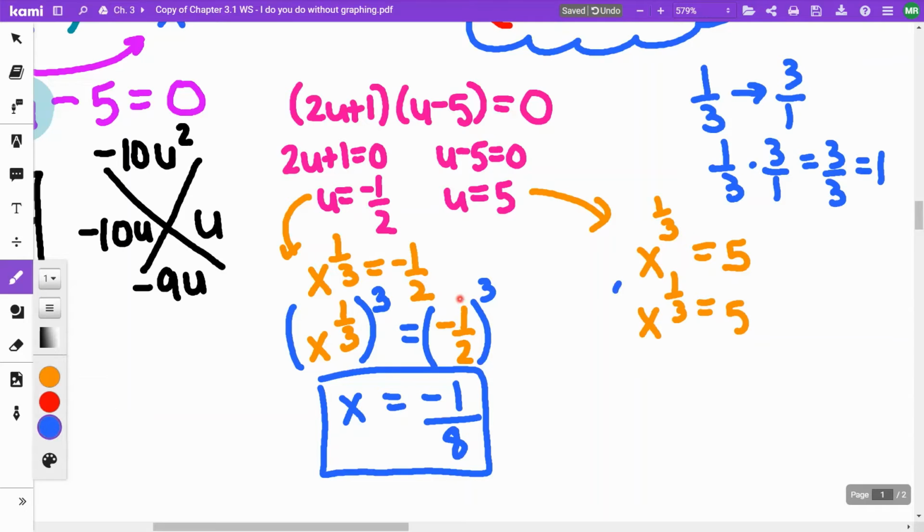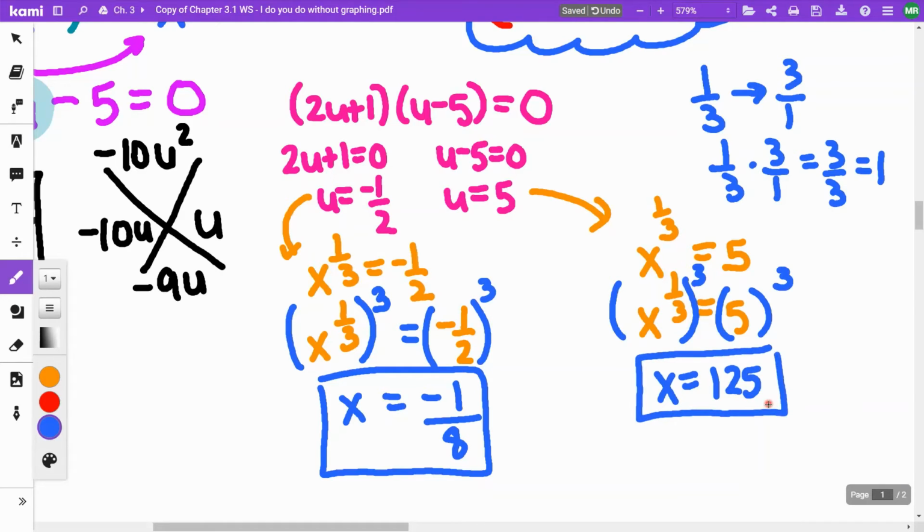I'm going to raise this side to the power 3, and I'm going to raise this side to the power 3. Power to power, I multiply. Again, the whole reason I took 1/3 to the third is because 1/3 times 3 is 1. The reciprocals, when they multiply, become a 1. So this whole thing becomes x, and then 5 to the third is 125. And those are my two answers.